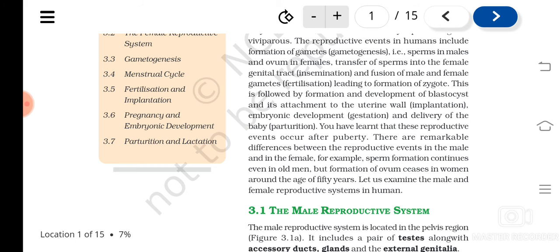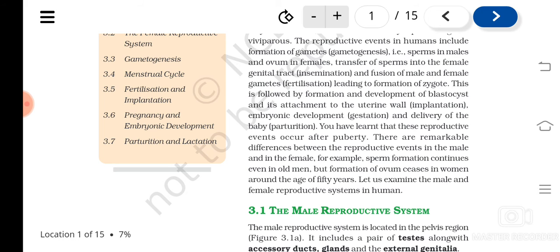One example we can cite is that sperm formation continues even in old men; in males the production of sperms will be there even though the person is very old.